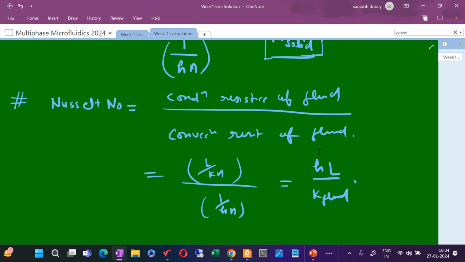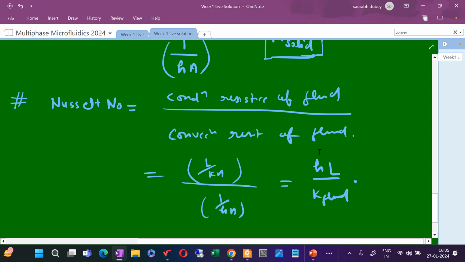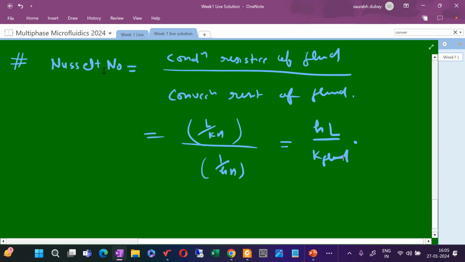At some point I made this mistake, and this sometimes comes up again and again, and I also falter in this. So, what do you feel if the Nusselt number is greater than one? For many fluids, the Nusselt number is more than one. This means the conduction resistance of the fluid will be more than the convection resistance of the fluid.